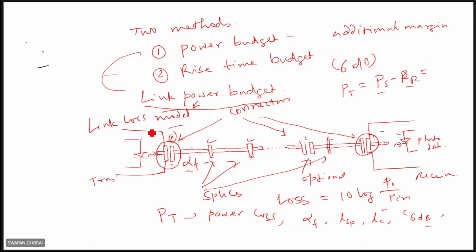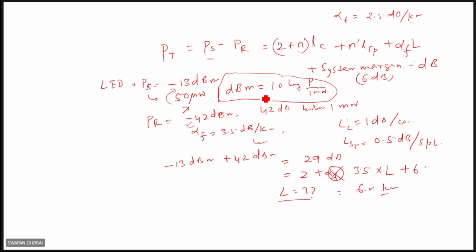So in the link loss models, generally one considers a total loss. First, one determines the power difference between the transmitter and the receiver sensitivity. Keep in mind, receiver sensitivity is the minimum power that can be detected. That power is allocated to these losses I just mentioned. So PS minus PR is this power difference.